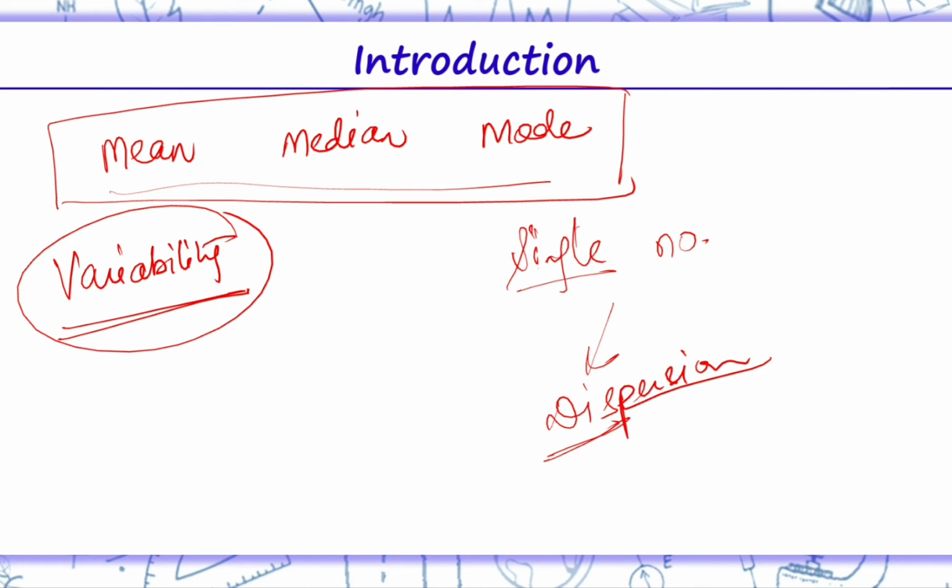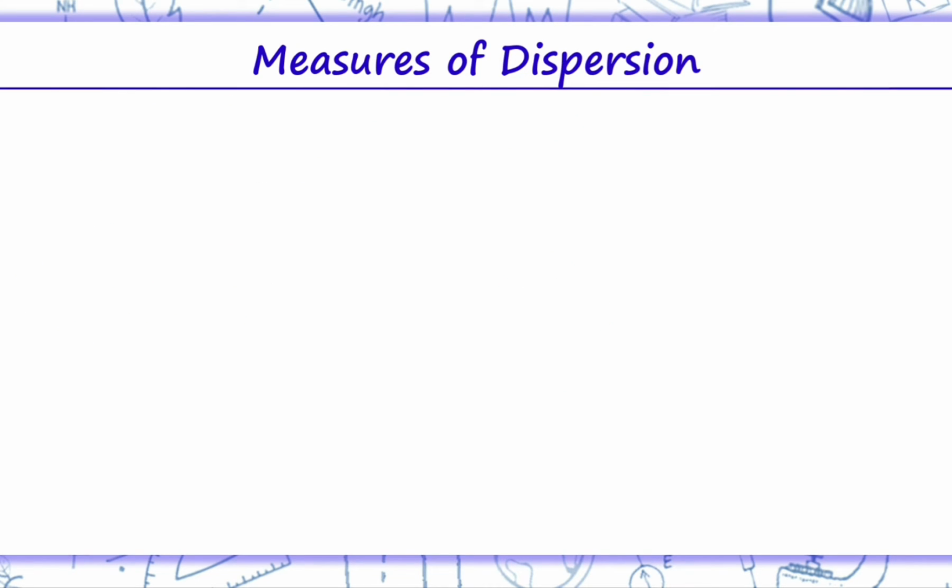In this chapter we have already studied mean, median, mode. Now we will study measures of dispersion, because measures of dispersion is the measure of variation in the values of the variable. As we have already seen, we require some more information to find out whose performance is better.